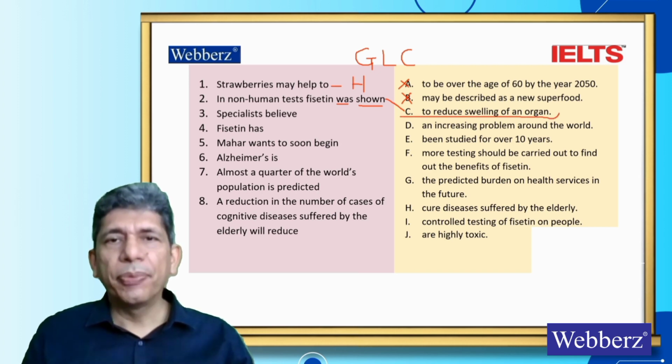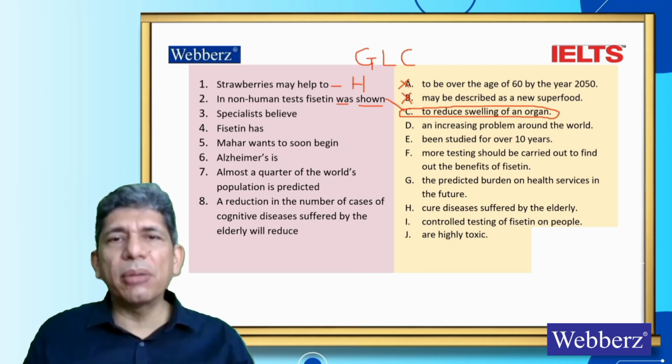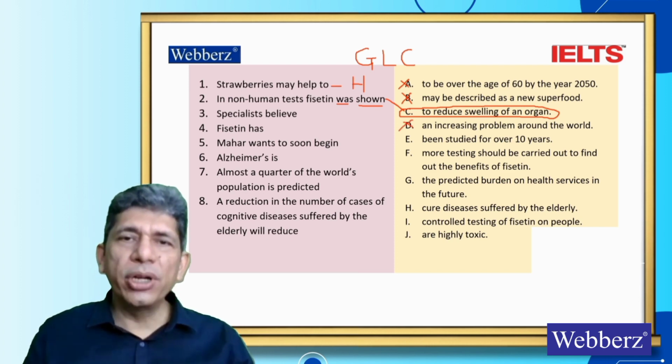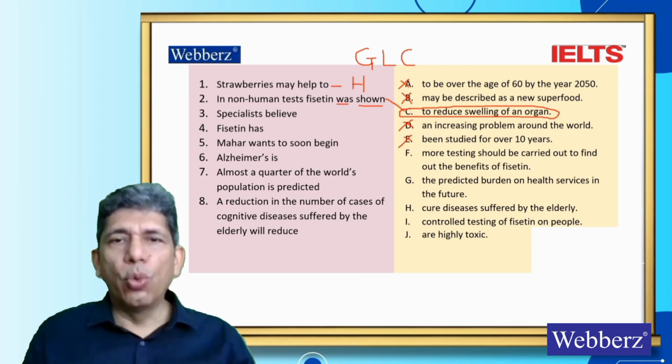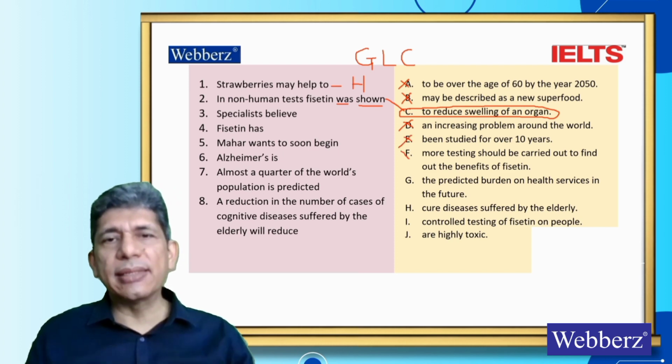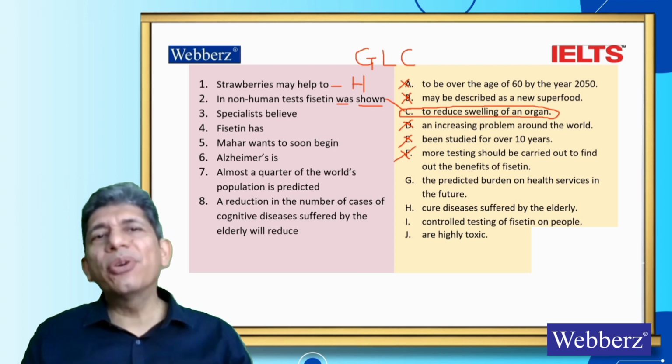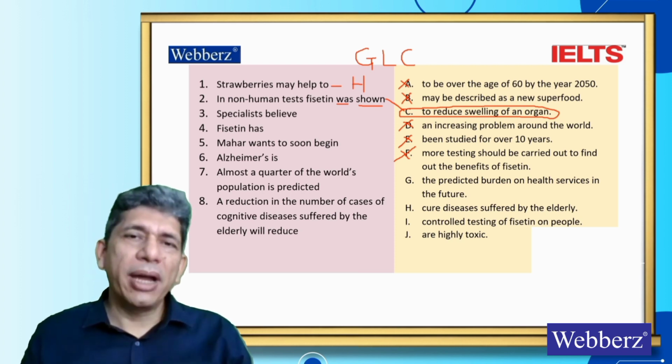The next one, an increasing problem around the world, was shown an increasing problem, grammatically inaccurate. Was shown being studied, not making sense. Was shown more testing, not making sense. Was shown the predicted burden on health services in the future. Well, if you don't know the meaning of 15, you might choose this one.